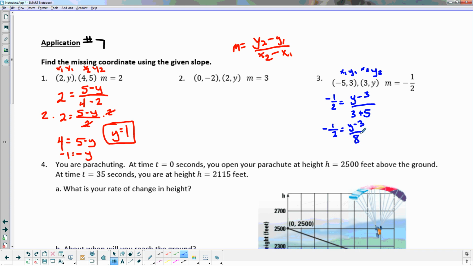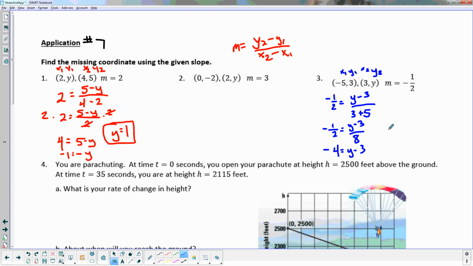And then from this step here, the steps are all the same. Simplify your denominator, multiply both sides by your denominator, and then subtract or add your constant over. So I'm going to multiply both sides by 8 here. That's going to give me a -4 equals y minus 3.